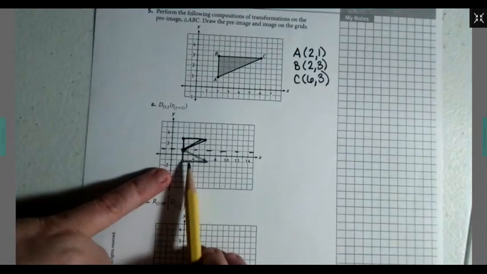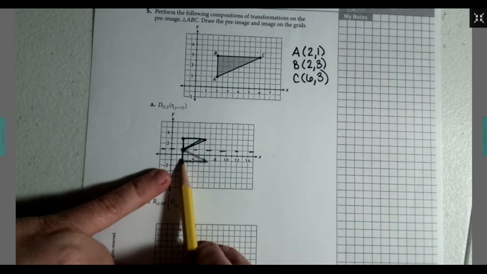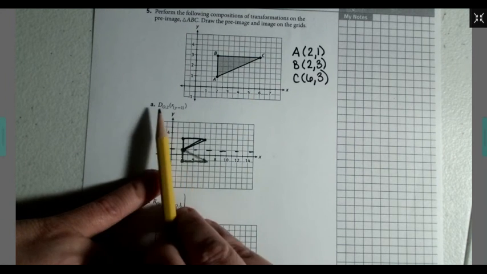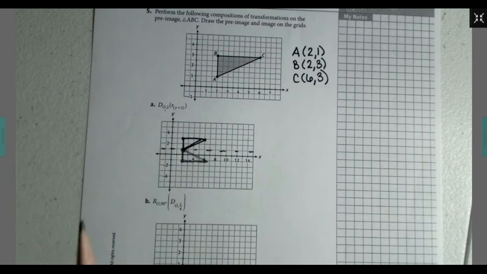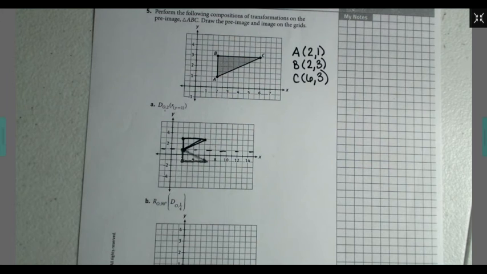So here is my picture of the reflection. Now I want to do a dilation about the origin by a scale factor of 2.